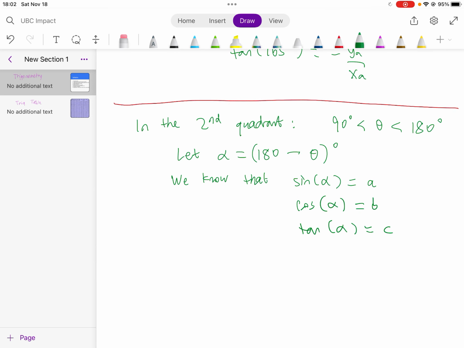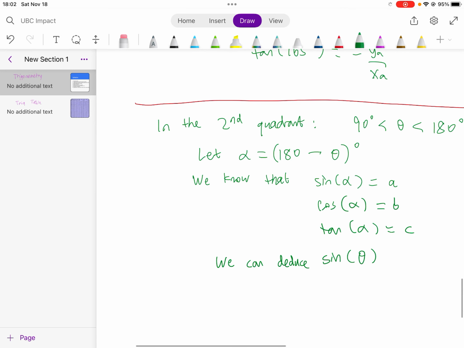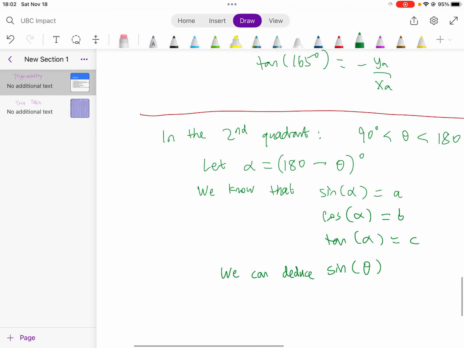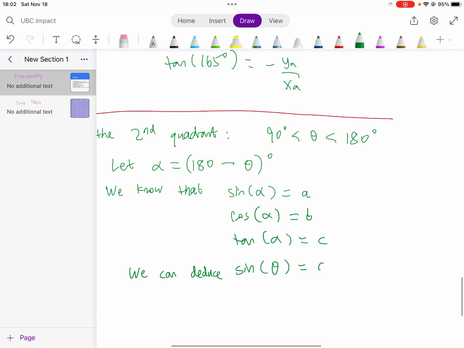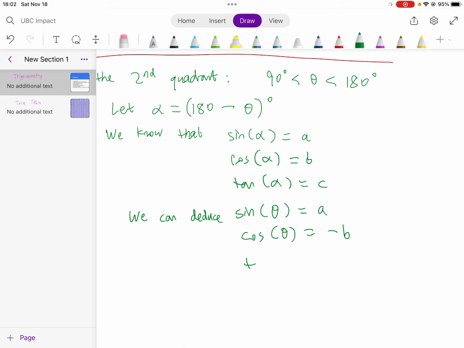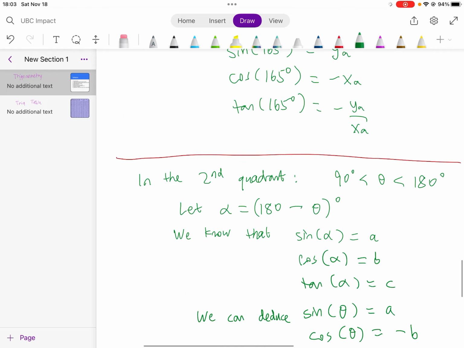Then the rule says we can deduce that sine of theta is equal to the same thing as sine of alpha, a. Cosine of theta is equal to negative b, because we have to flip the sign. And similarly, we have to flip the sign of the tangent as well. So the tangent of theta is equal to negative c.